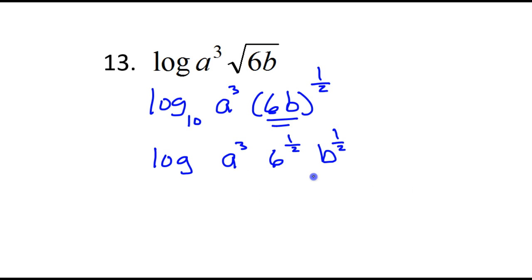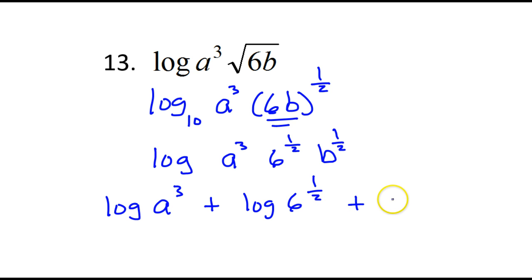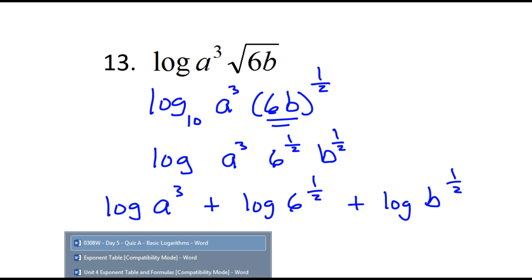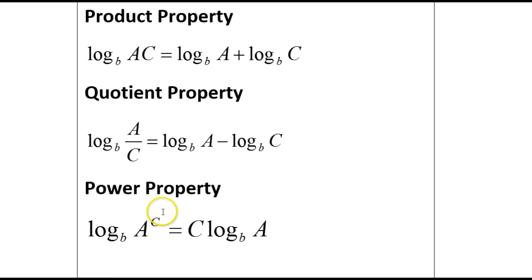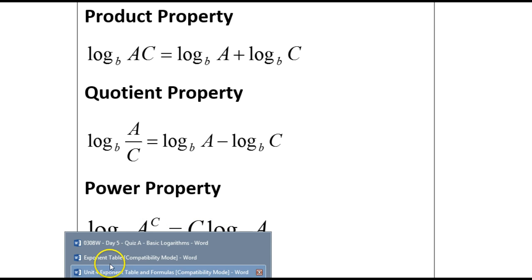Now this is all multiplication, so when we expand this, it's going to be all addition. So this will be log, and we'll have a to the third power plus log 6 to the 1/2 power, and then plus log b to the 1/2 power. Then all you have to do, remember your power rule. If you have an exponent, you can put it to the front.